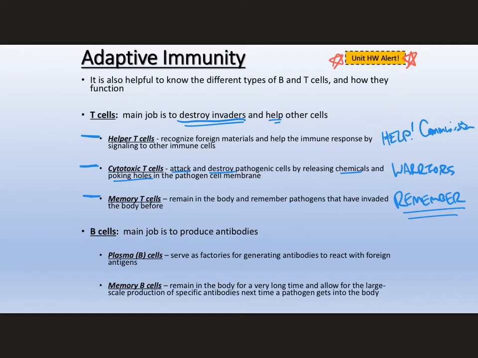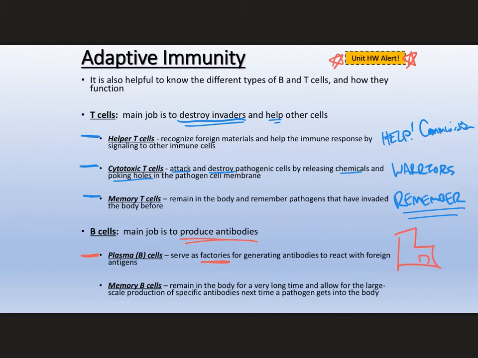And then you've got your B cells. There are really just 2 types, and their main job is to produce antibodies, those proteins we mentioned on the last slide. Those 2 types are plasma cells, which I think of as a factory, right?